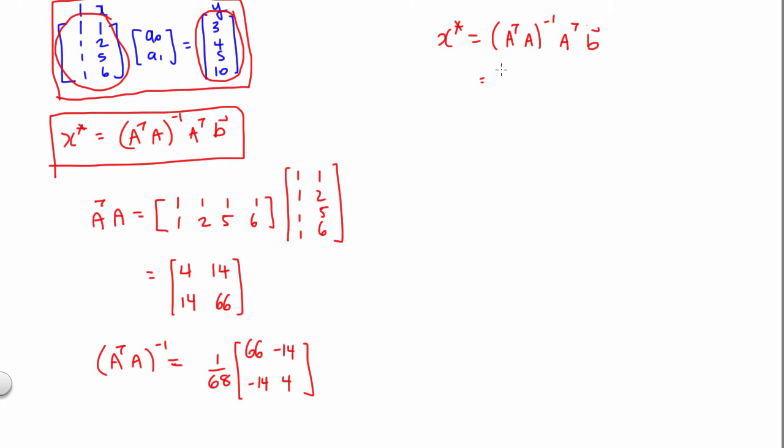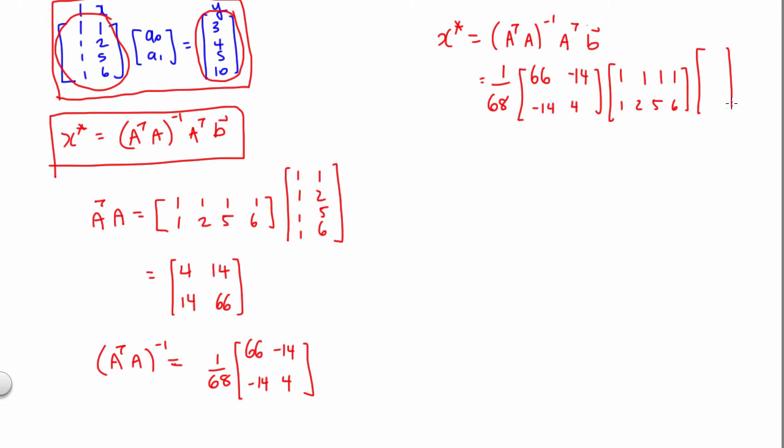All right, so this is going to look like 1 over 68 times this little 2 by 2 matrix times A transpose times the matrix b, which is the one that records our y values. And we can think about multiplying this out. Now, in terms of efficiency, it probably makes sense to multiply these guys together first.